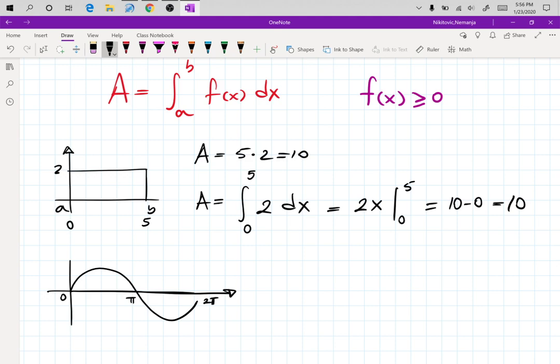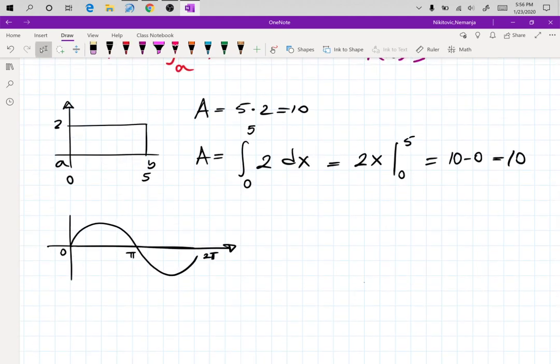And if you use the same method to calculate area under the sine, it's not going to work. If you say that area equals the integral from 0 to 2 pi of sine x dx, you will calculate 0. But you know it's not 0 because you can color this, so there is area. So we have to fix that.